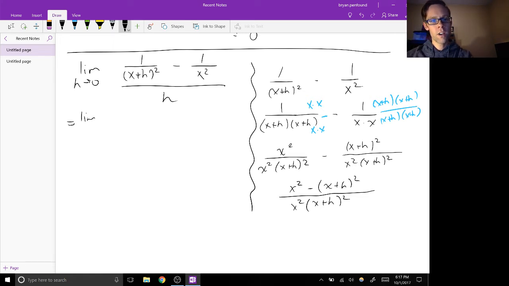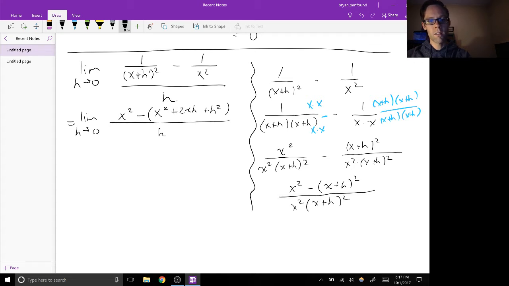So let's fill in what's going on in our limit. I'm going to do x squared, and I'm going to subtract, expanding out this x plus h squared. If you expand this out, you should get x squared plus 2xh plus h squared. And all that's going to be over, my apologies, all that's going to be over x squared times x plus h squared. And then we have everything divided by h.